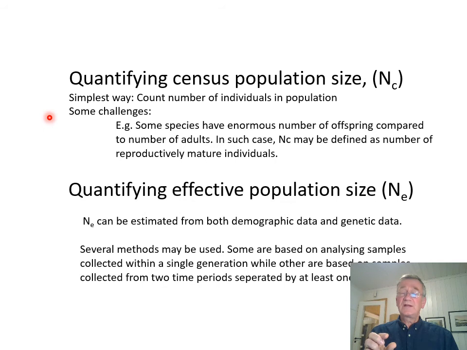just a tiny fraction of this huge number of offspring will end up as mature or grown-up adults. So in such cases, maybe it's better to look at the number of mature adults as the census population size.